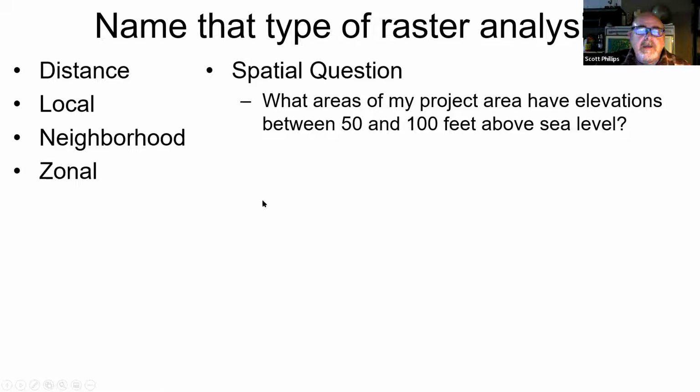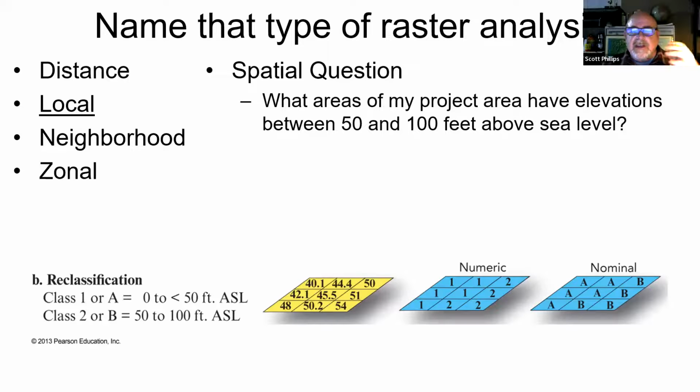Really what you're doing is taking a raster set and trying to identify something numerically about the data that's there, not about its neighbors, not about zones, and nothing to do with distance. That would be a local operation. That would be like the example for reclassification, where we had different elevations and reclassified them as either below sea level or above sea level.